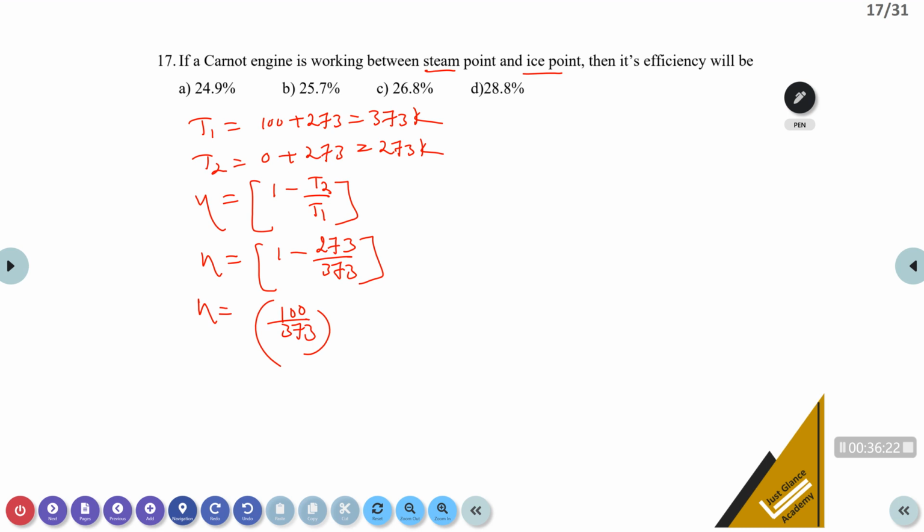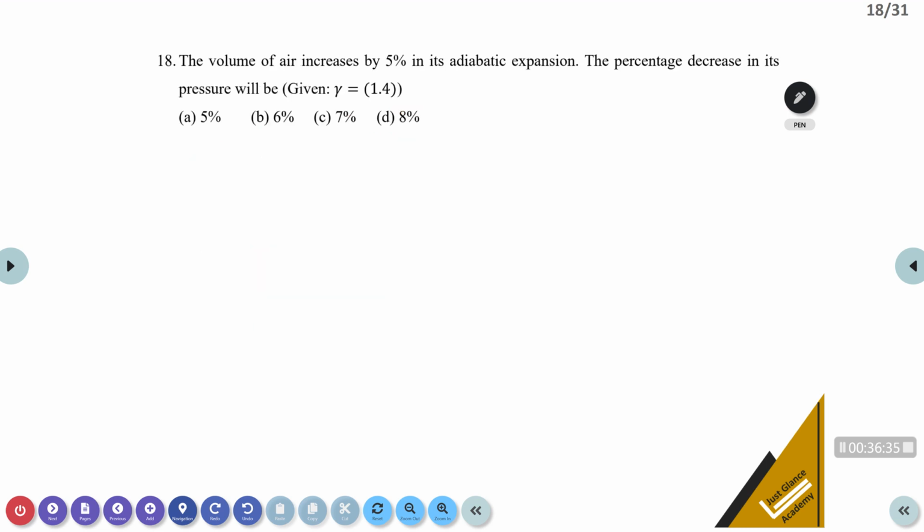Then if you calculate percentage-wise, you are getting 26.8%. So this is the right choice. Percentage means multiply by 100. Next, 18. The volume of air increases by 5%.